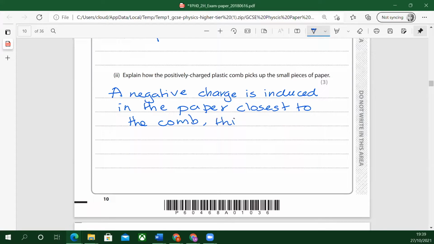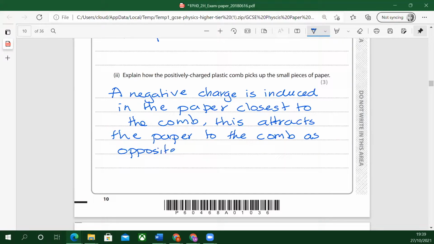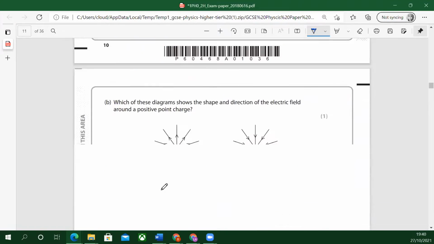This attracts the paper to the comb as opposite charges attract. Okay, simple as that. We might have done that in class.